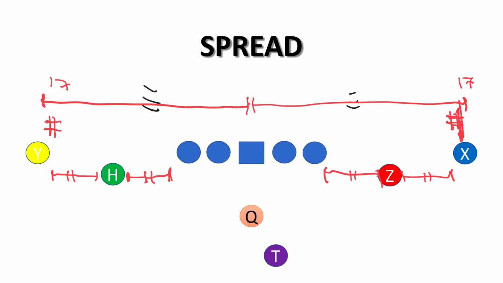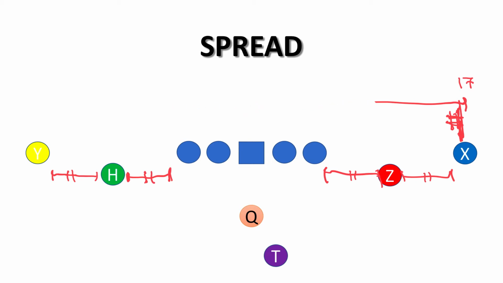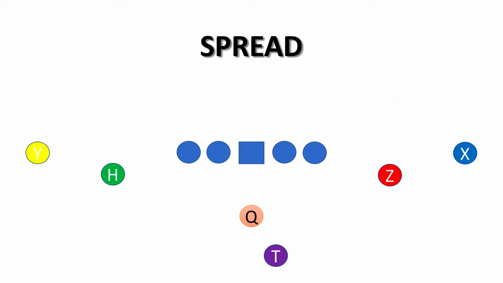All right, so let's just say, let me get rid of some of these here. Let's just say now the ball is on the left hash, right? So if the ball's on the left hash, it's going to look like this, right?